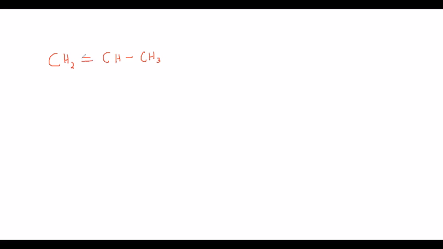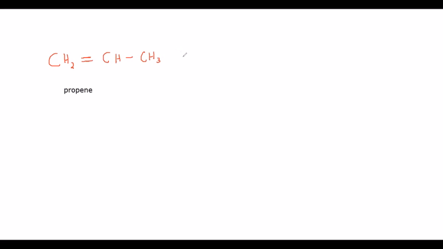What is the name of this alkene? 3 carbon atoms, and the double bond at the first carbon. 3 carbon atoms, so we say prop. So prop is for 3. And ene because they have a double bond.